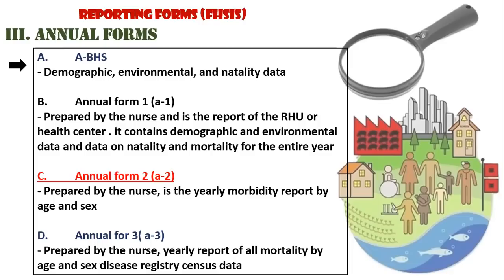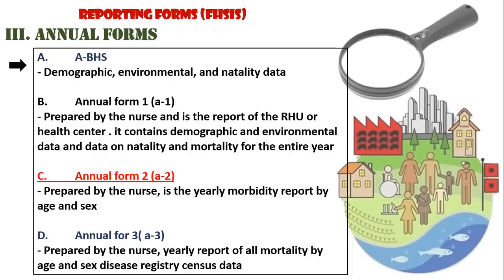From the word annual form, annually lang siya ginagawa. And then itong ABHS or demographic and environmental. Ito yung tinatawag nating form is the report of midwife which contains data on demographic, environmental, natality, and mortality data. Yan yung ABHS natin.